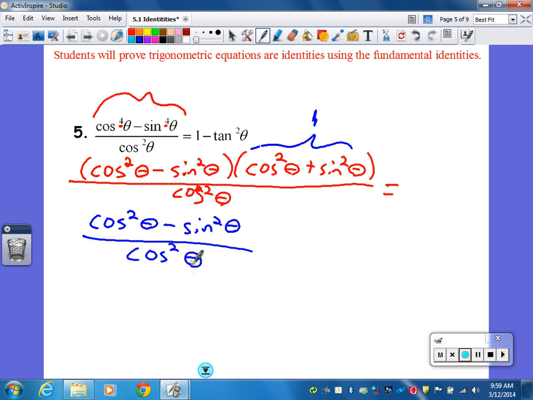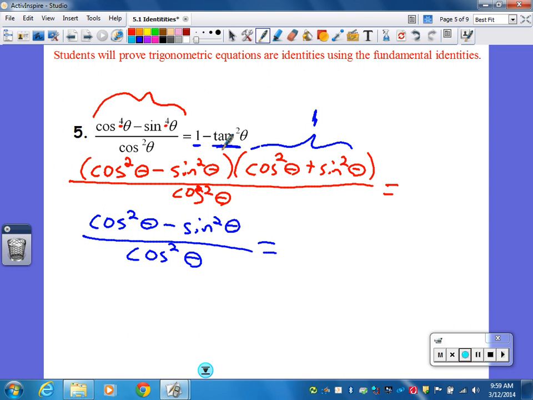Because since that's 1 times anything, well, that's the multiplicative identity, so we know that that's going to stay the same. All right? So now we're trying to get a 1 and a tangent squared.